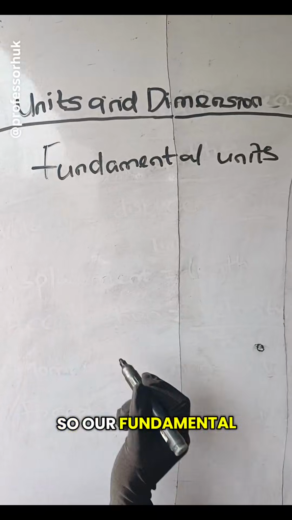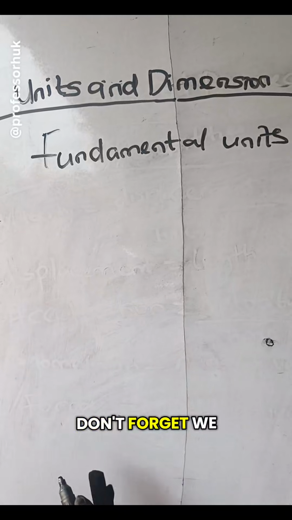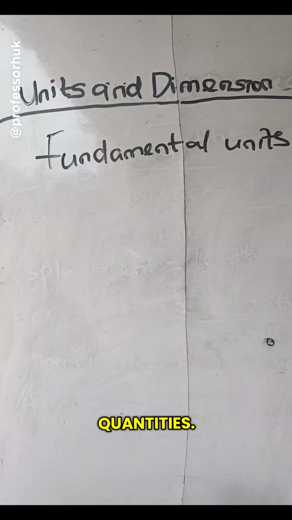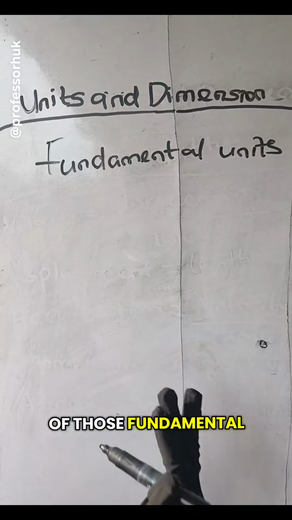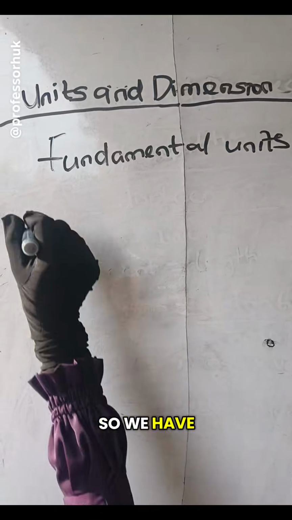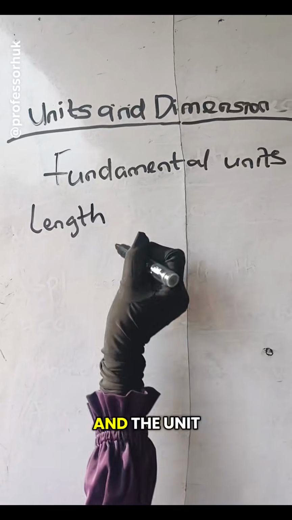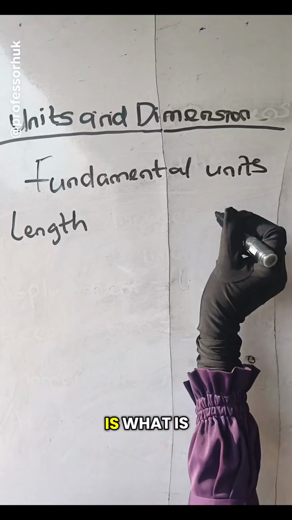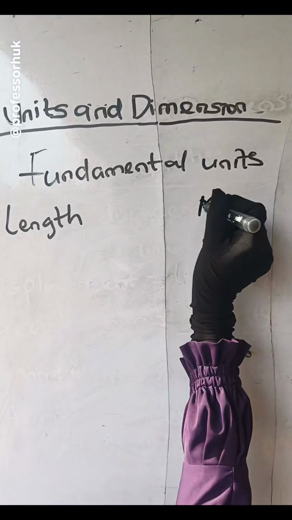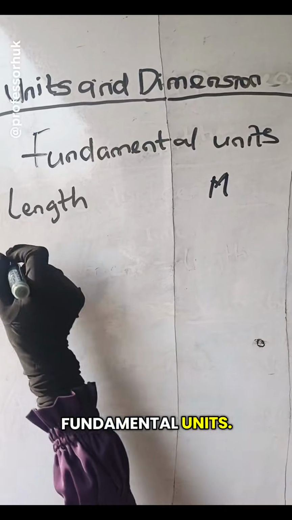Our fundamental units are the units of the fundamental quantities. Don't forget we have 8 fundamental quantities. Each of those fundamental quantities has its unit. We have length, and the unit of our length is the meter.